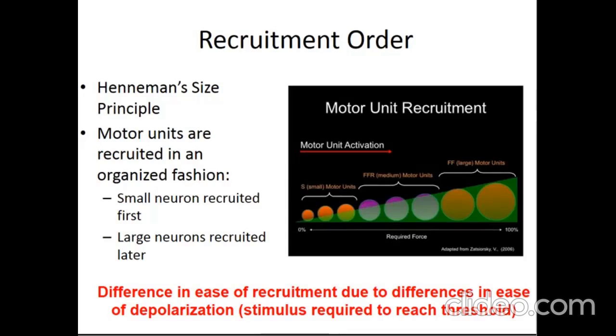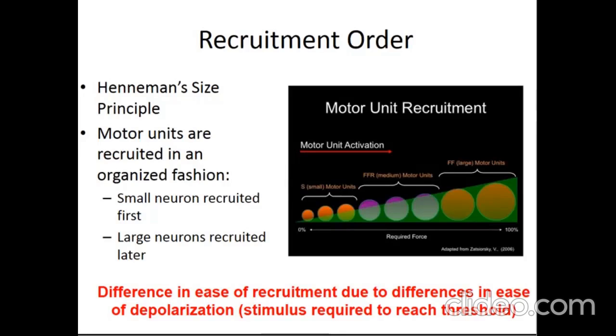The smaller the motor neurons are, the lower the stimulus required to elicit an action potential. Therefore, it's easily excited. So a small motor neuron will have a small depolarization and therefore will have a big effect on membrane potential. So remember, easier recruitment of type 1 fibers.